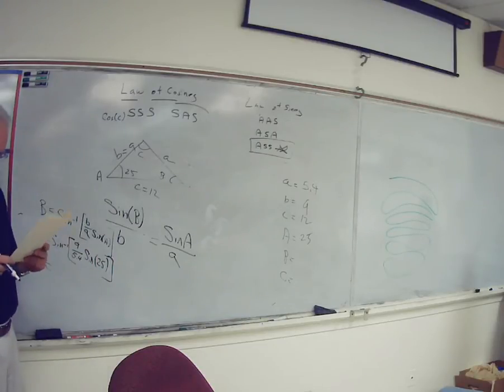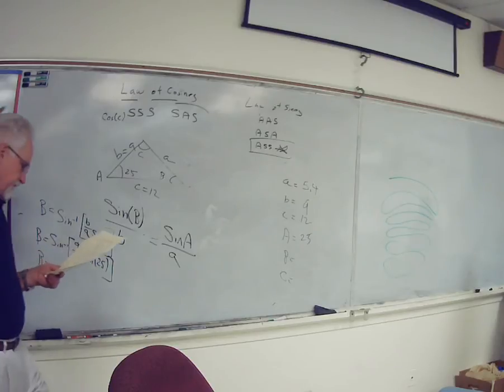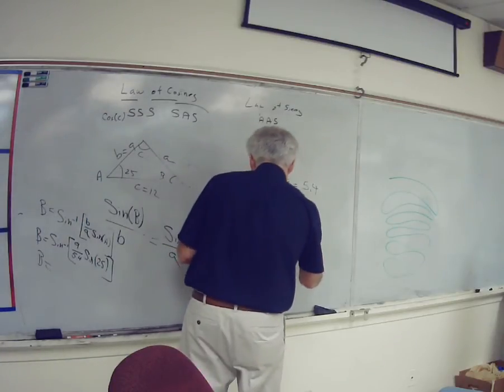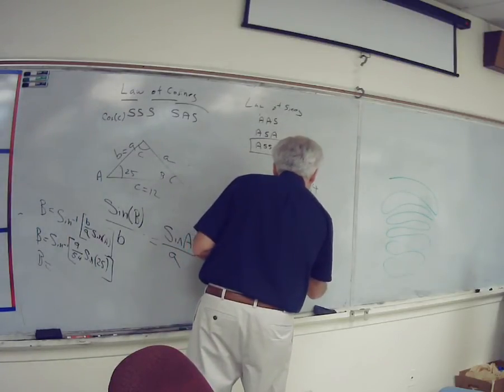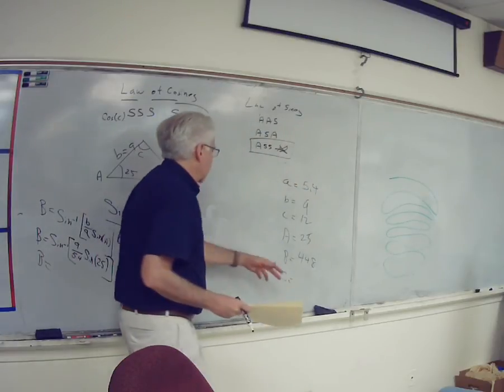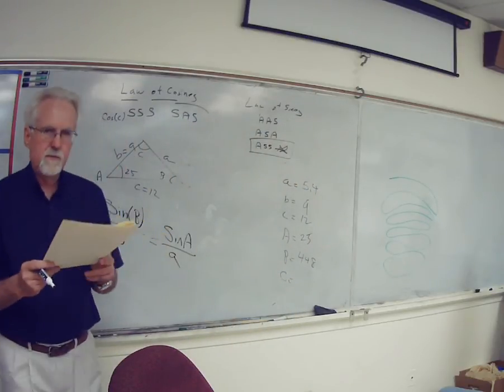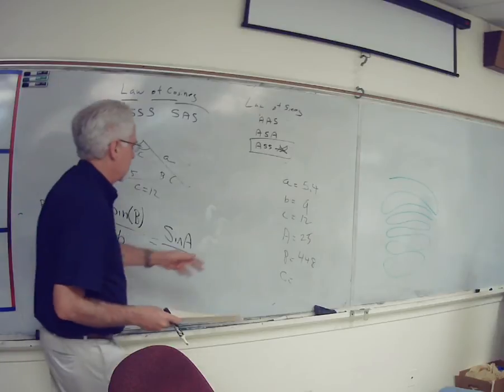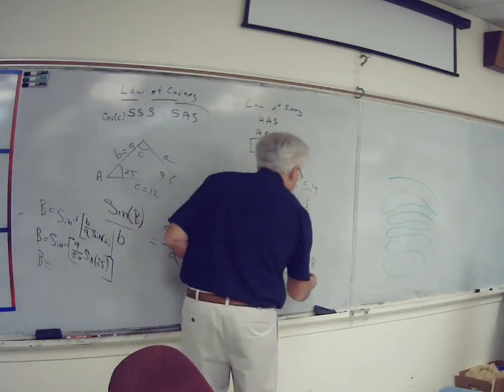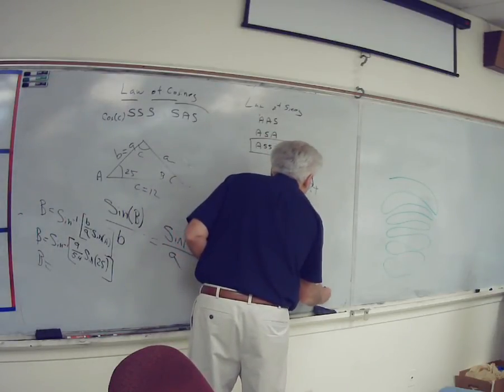For those of you who know how to use a calculator, you get 44.78. 44.8 we're going to call it. Very good. Now what's the easiest way to find C at this point? Subtract A and B from 180, and I'll just tell you, 110.2.